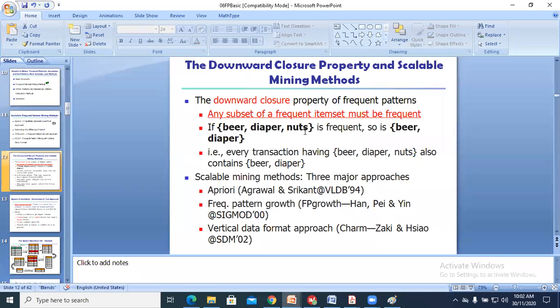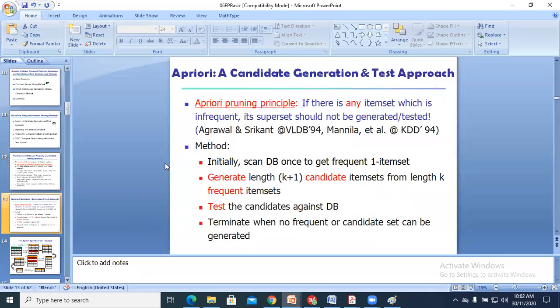So we use this rule to prune this result, and we also see that if there is an item set which is infrequent, its superset will not be generated and tested.